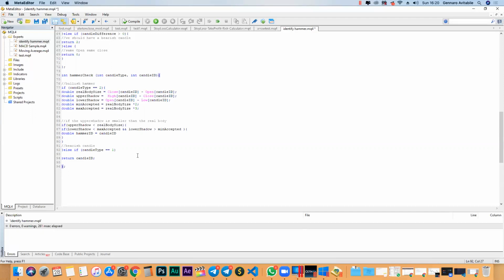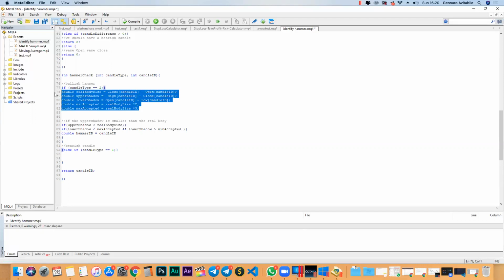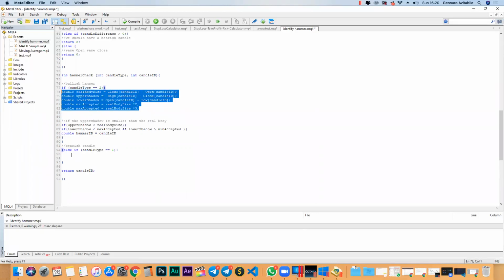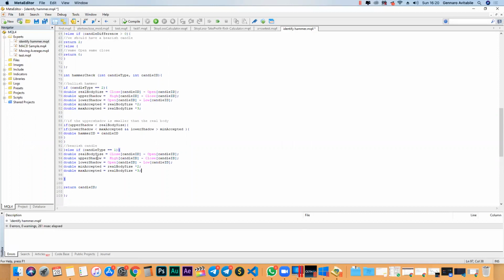If we have a bearish candle, then the situation is going to be completely different. And let's do this. Copy. So the real body size this time is going to be different. We're going to do it the other way around, because the close and open, I believe this is going to be enough. So let's do this.